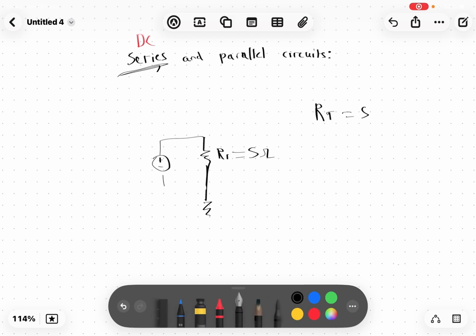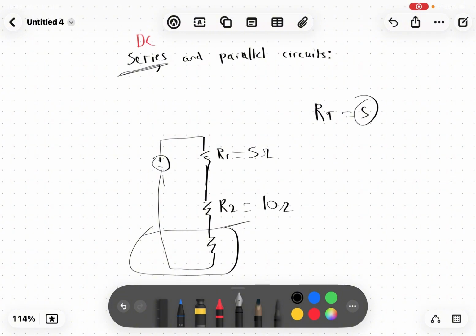Imagine there was another resistor, and imagine this one is not here for now. So there's only two, and the second one is 10 ohms. Then the total resistance would be 15 because you add another 10.